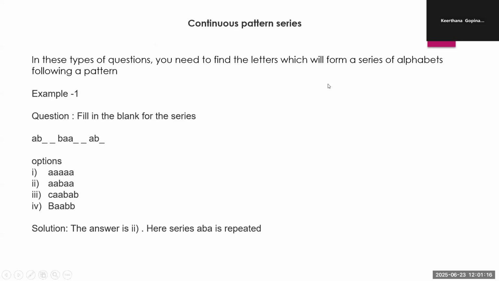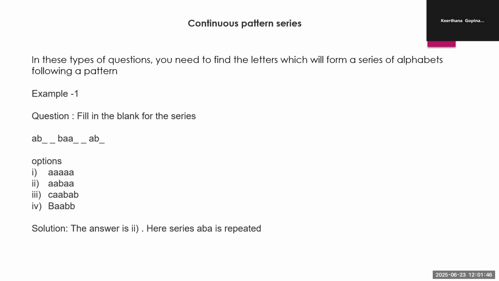Another type of question. Continuous pattern series, this is very important. There will be a series of letters that will be given. You will have to fill in the blanks. There will be gaps which are given. You will have to find out the alphabets which fill in the gaps, looking at how the progress happens. This is clearly reasoning. This is finding the pattern and fixing the letters for the pattern.